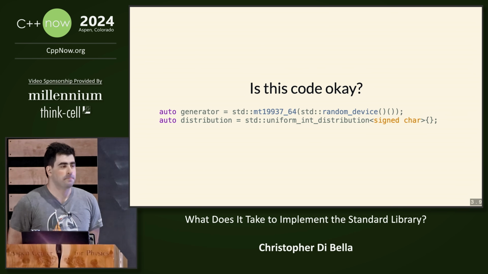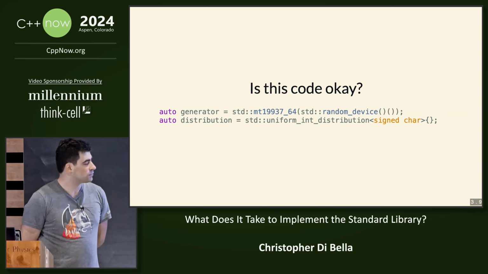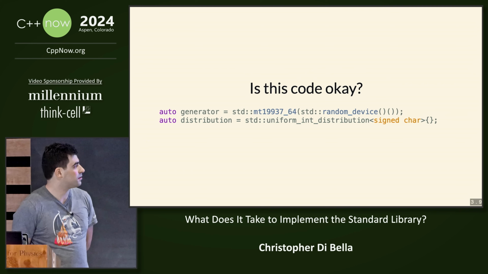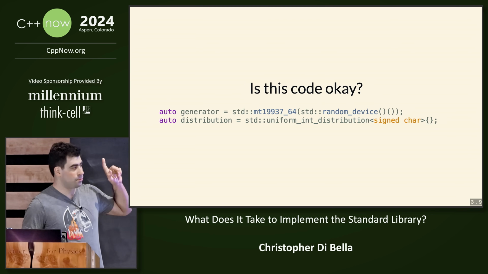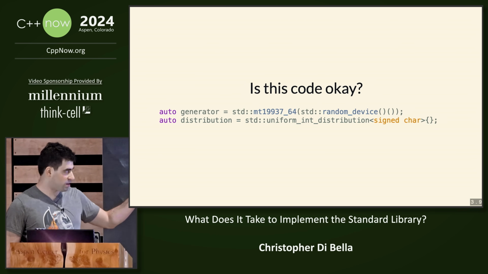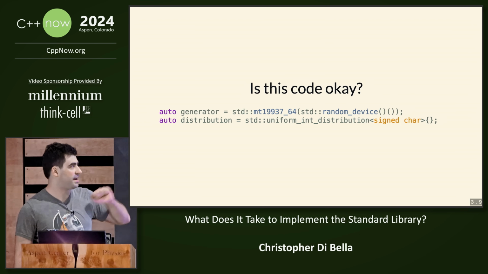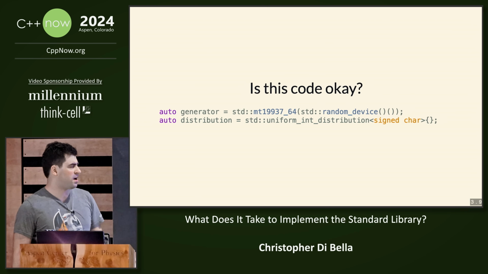No. Now, I'm thinking you have an extra set of parens at the end of random device, but I'm rusty on that. So we're constructing random device, calling it, and then random device goes away, but the generator has all the information it needs. This is fine to my knowledge.